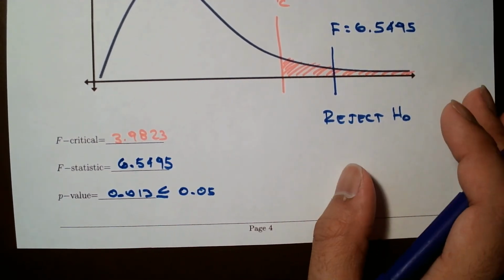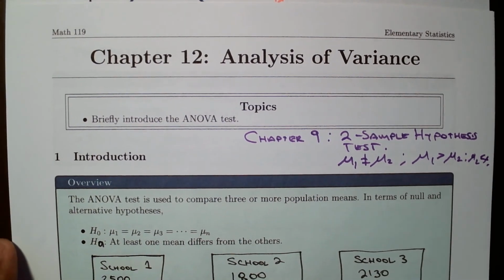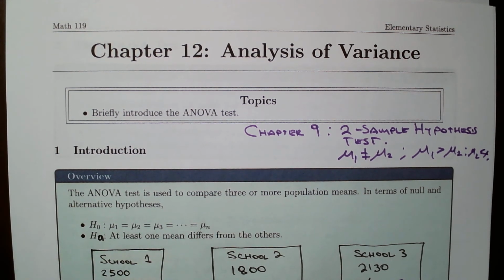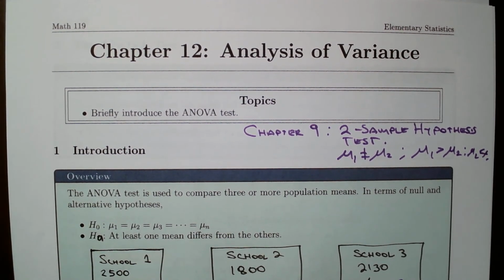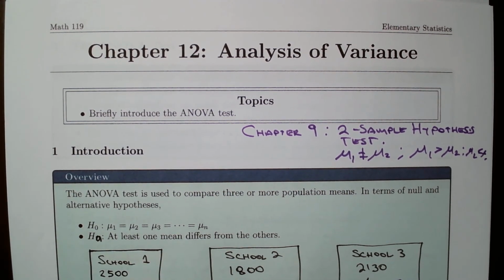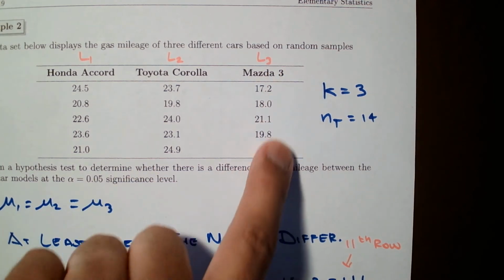So this is it for this chapter. It's very short. Again, it's all calculator. So again, just coming back to the original title of this section of this chapter, ANOVA, analysis of variance. Well, the long way to do analysis of variance is by calculating a lot of standard deviations and variances, and then computing the F statistic by means of finding the variance among the samples and variances within the samples.